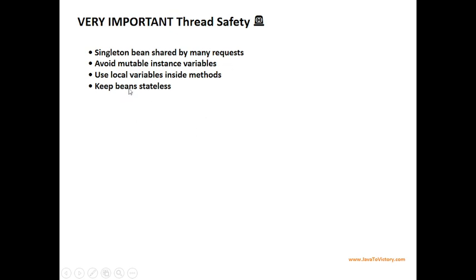So there is a possibility of overriding the data. Two requests running in parallel will override the data of this instance variable. Instead, store the data inside variables within methods and keep beans stateless.